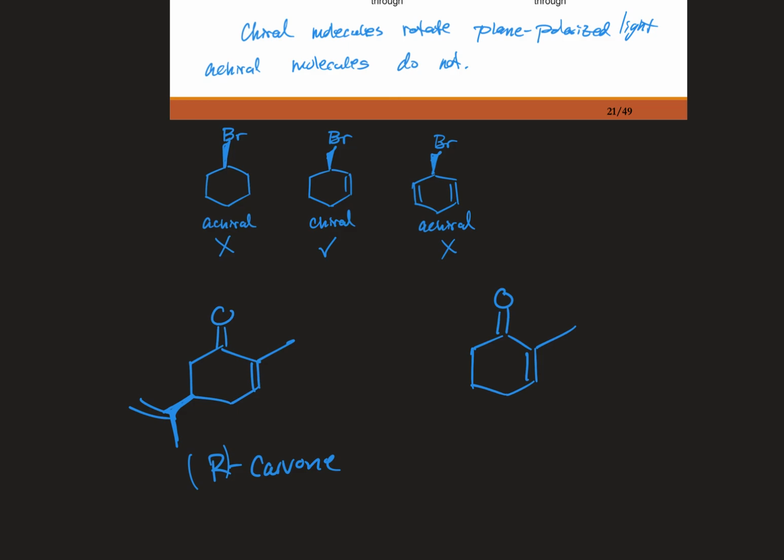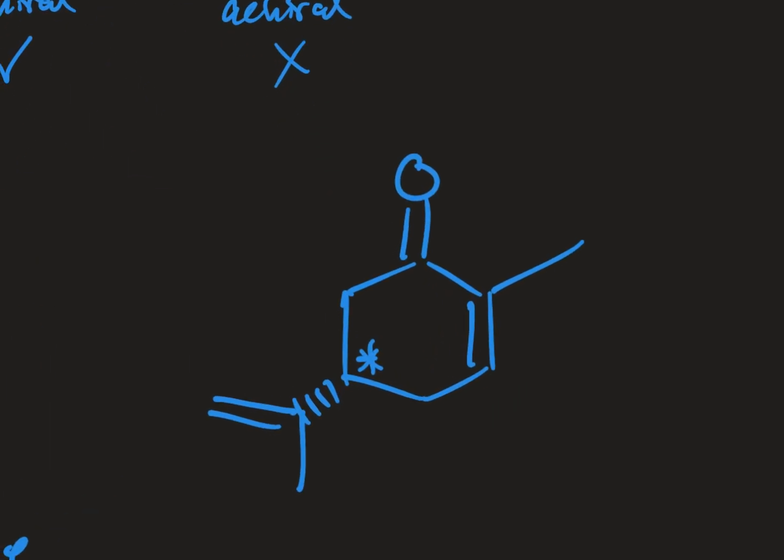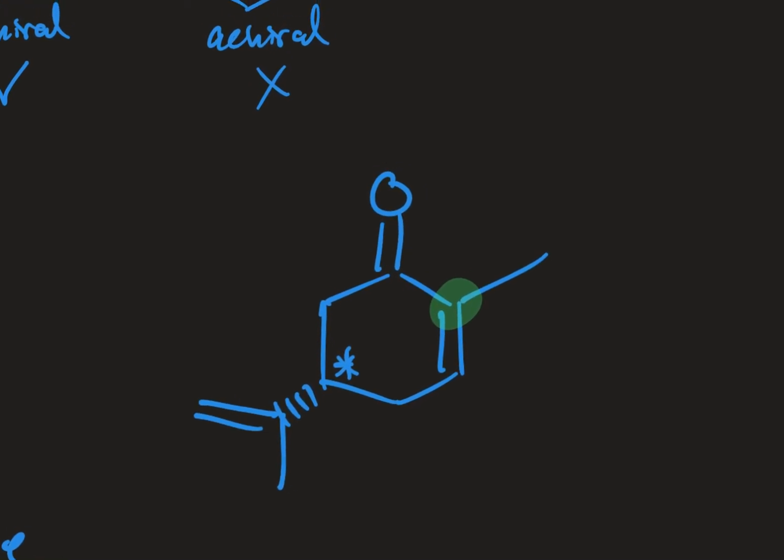And one thing to notice here is that this molecule has 1 chiral center, or both of these only have the 1 chiral center, because they have to have 4 different groups attached. The carbon here has 1, 2, and 3 different groups. So double bonds will never be included in chirality.